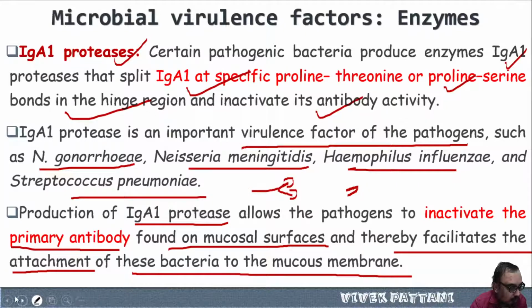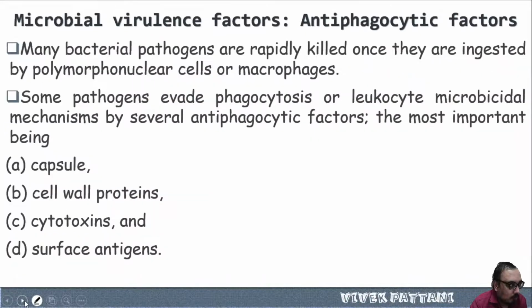Antibodies. Now moving forward with the antiphagocytic factors. Many bacterial pathogens are rapidly killed once they are ingested by polymorphonuclear cells or macrophages.